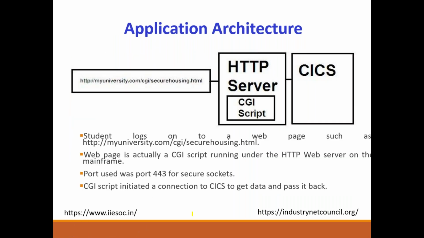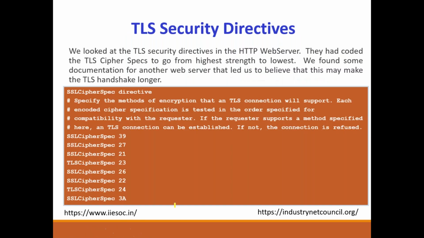But what scalability issue? So we said, okay, let's look and see what we have. The student logs on to this web page, and it's actually a CGI script running under the HTTP web server, and we're using port 443. The script makes a connection to CICS, gets the data, and passes it back. Then we started looking at what the security specs are in the HTTP web server.